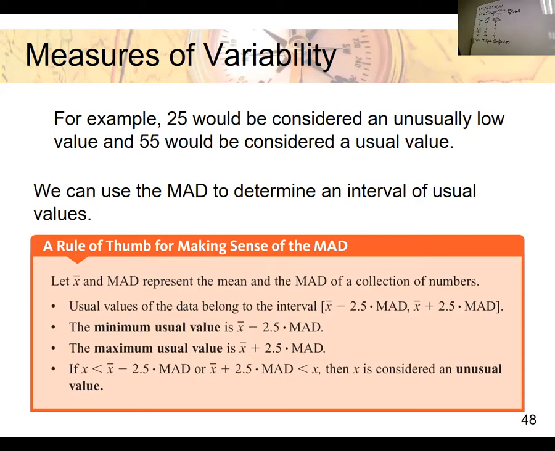If it's below the minimum usual value or if it's above the maximum usual value, that means that data value is unusual. If the data value falls in between those two, then it is usual.